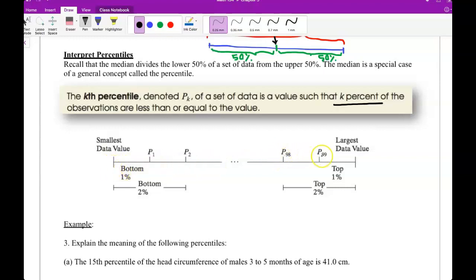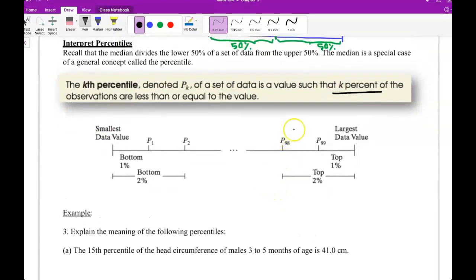So that is the 98th percentile, this is 99, then after that we have 100. But if we start from the right, this 99 is actually 1%, so this is the top 1%. This point is the 98th percentile if you start from left, so 98% bottom, but it's 2% top. So this is 2% top, and also 98% bottom.